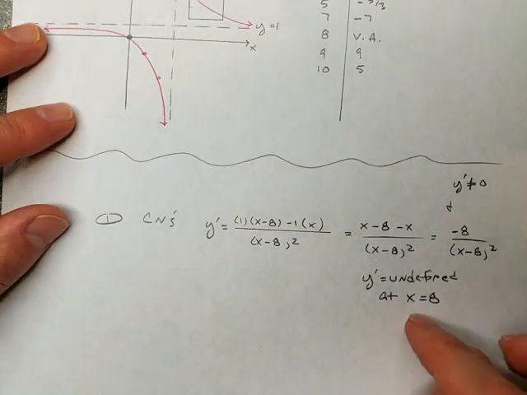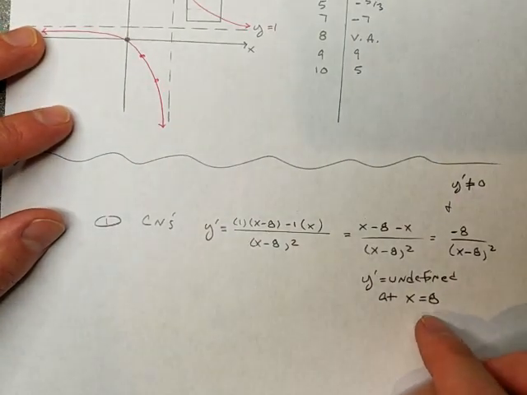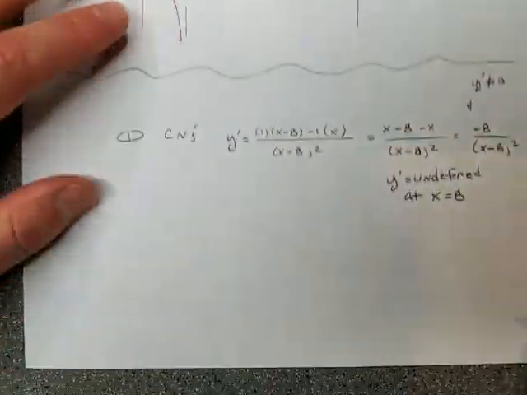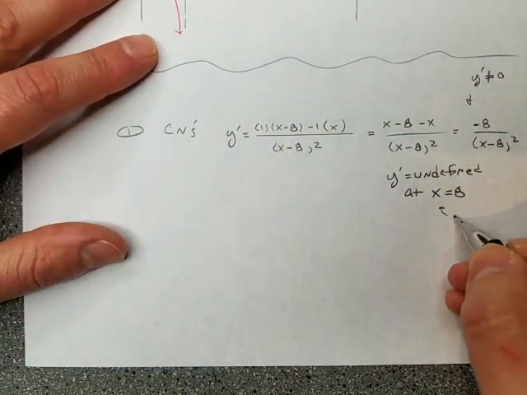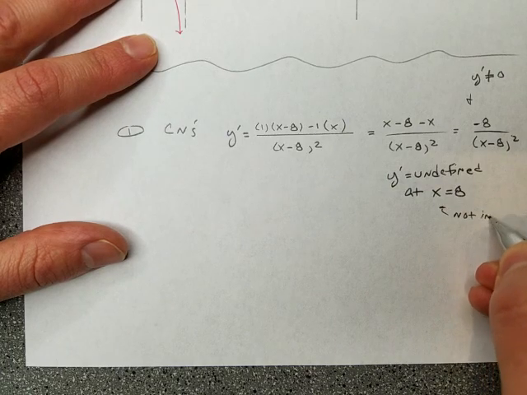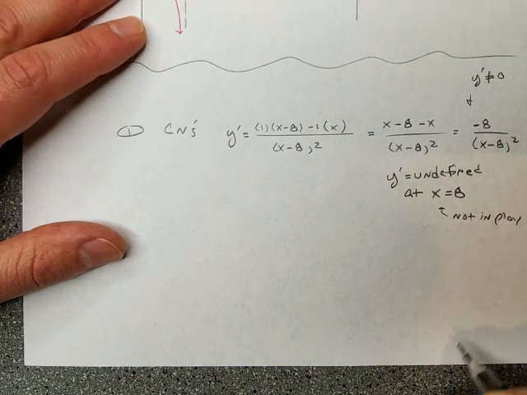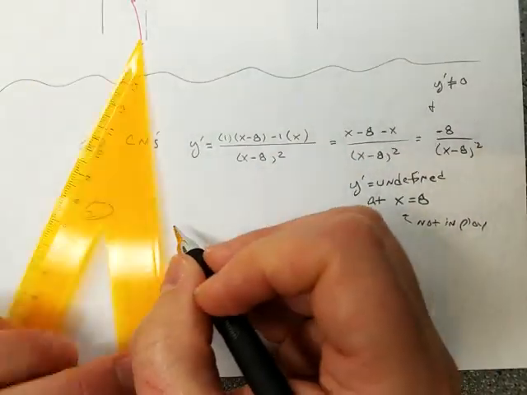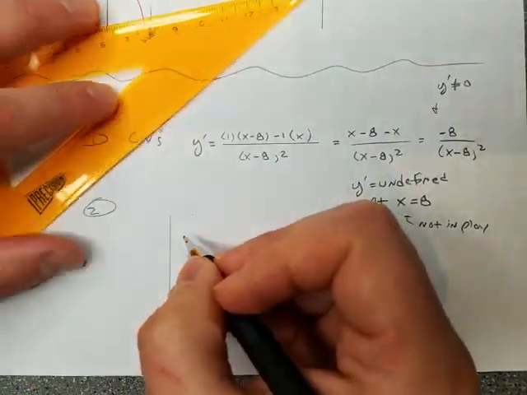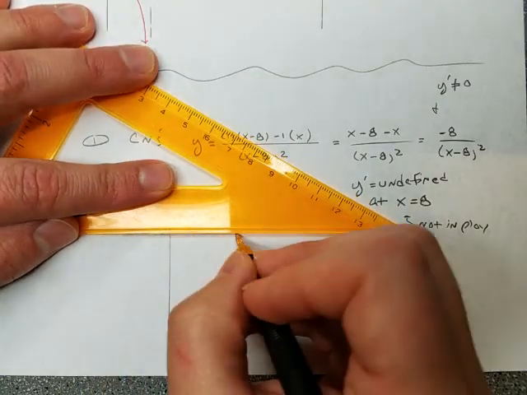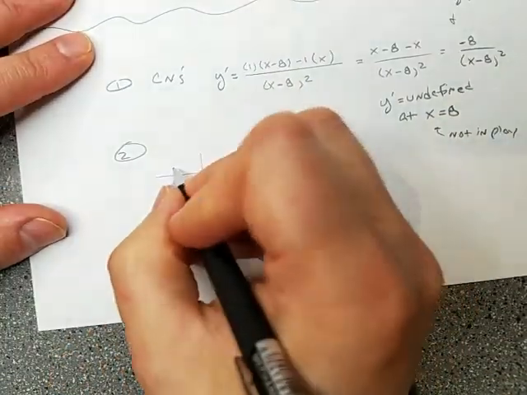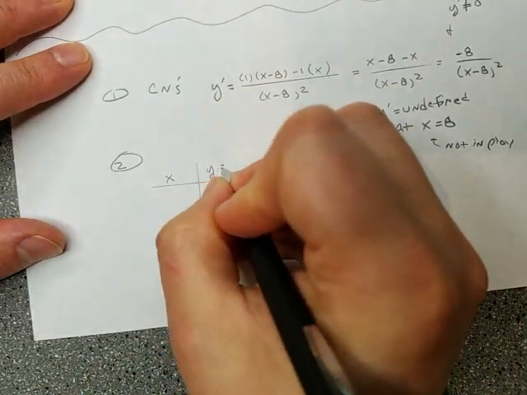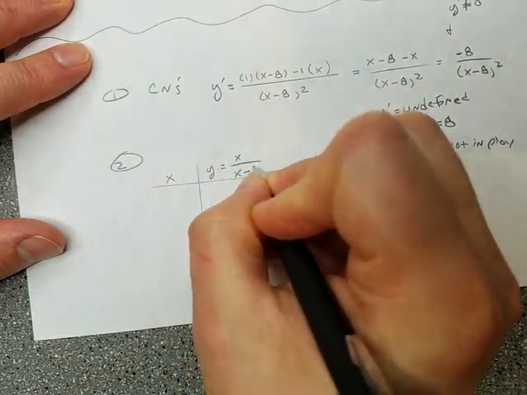So I guess 8 would be a critical number. Is it a critical number in play? Well, our interval is 9 to 13, so in this case, that is a critical number, but it's not in play this time. Okay. Well, what are we going to put on our table? When we make this table and we compare and we find the maximum and minimum, first I put a column for x, then I put a column for y.